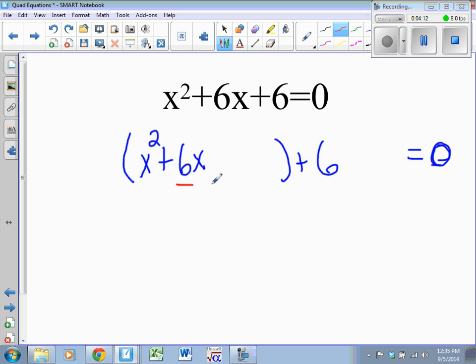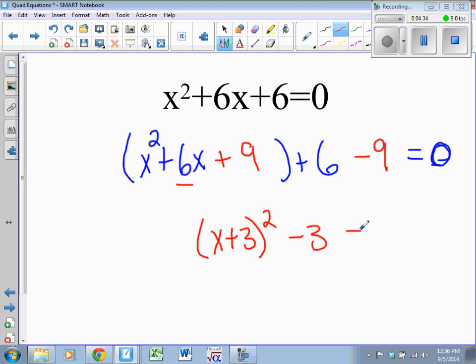We're going to take half the middle term and square it, like we just talked about, and add that right there. Now, I have my plus 6 over here. Since I've added 9, I have to subtract 9 as to not change anything. So I have x plus 3 squared minus 3 is 0.